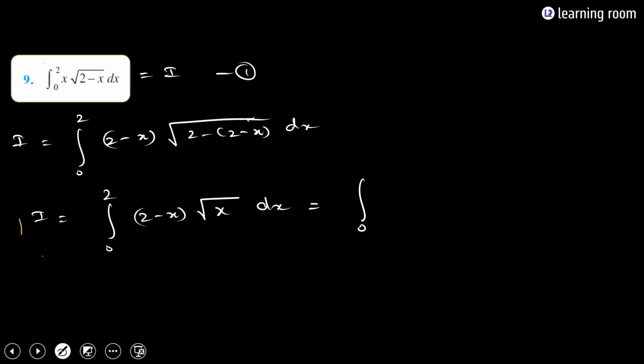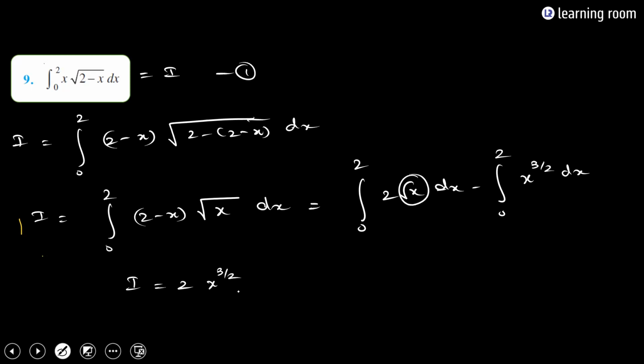So this will be integral of 0 to 2 of 2 root x dx minus integral of 0 to 2 of x power 3 by 2 dx. So I will be equal to 2 into x power 3 by 2 by 3 by 2 minus x power 5 by 2 by 5 by 2, acting between the limits 0 to 2 and 0 to 2.